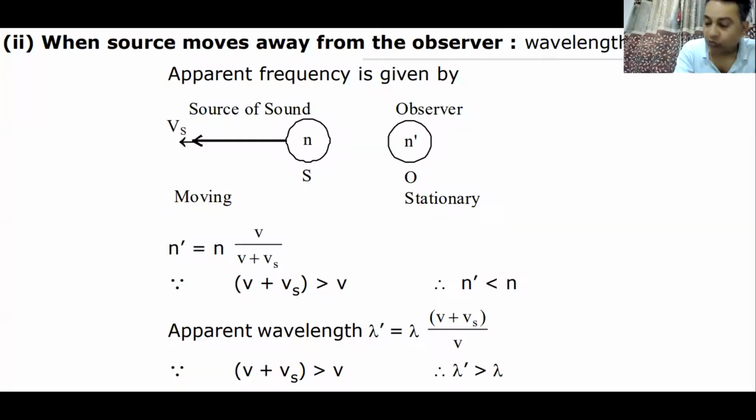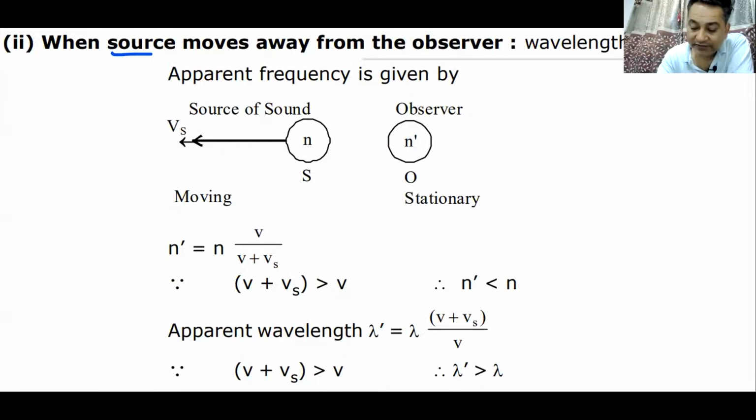Think again. First case, source is moving towards the observer. What will happen in the second case? The source will move away from the observer.